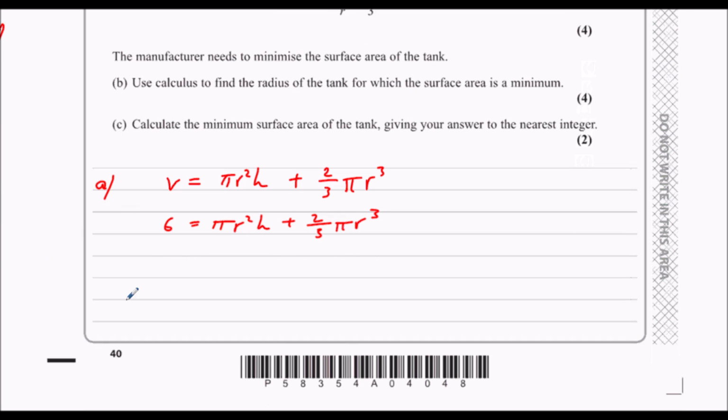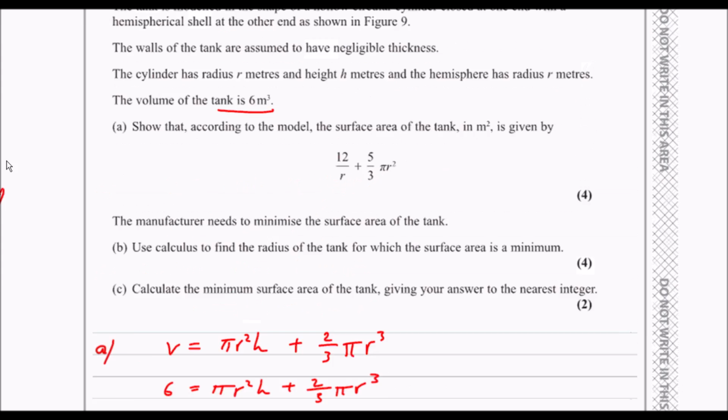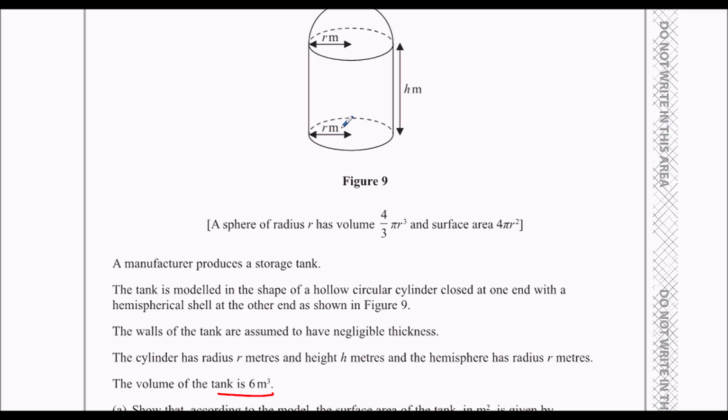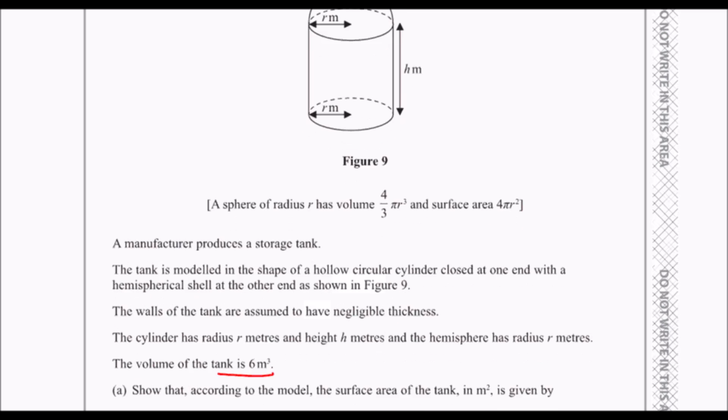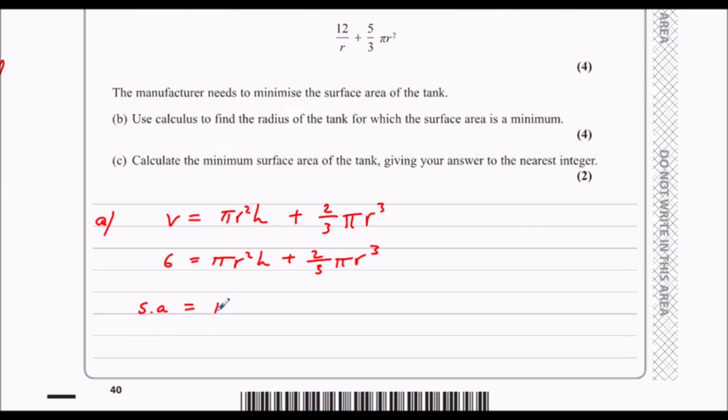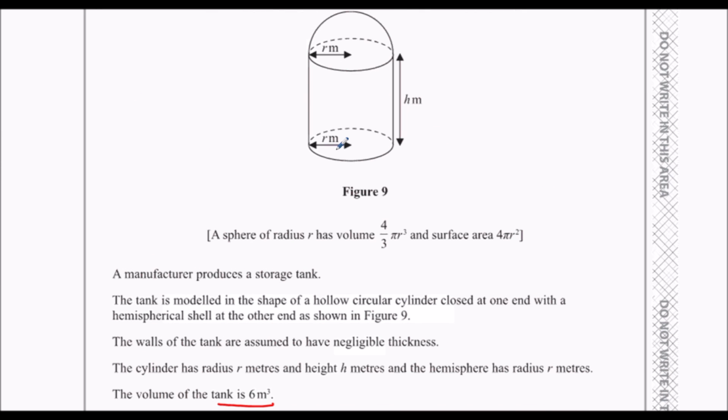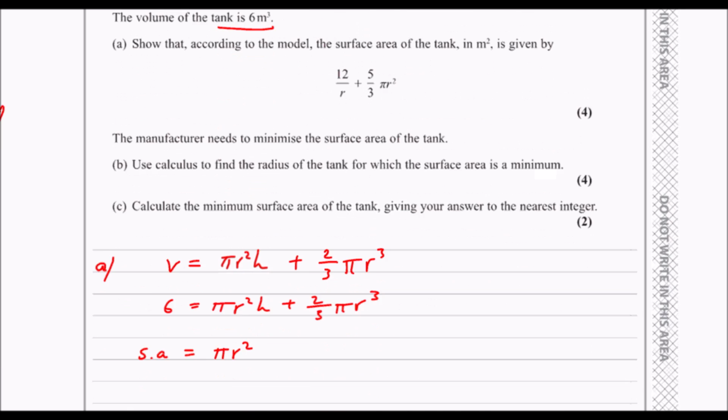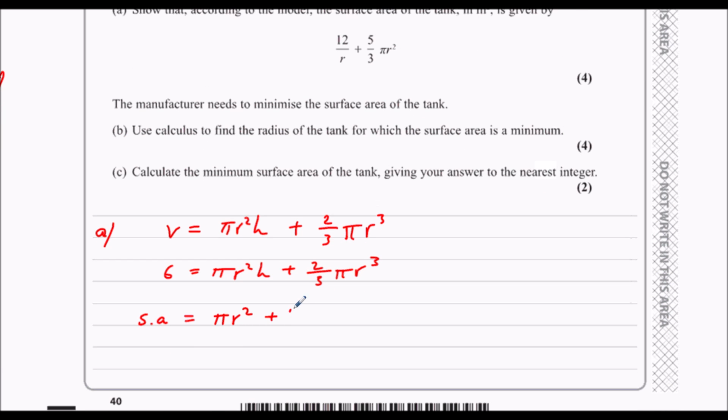Let's go for the surface area now. So the surface area is, so we've got one circle, so 1 pi r squared. We've got the curved part of the cylinder, which is 2 pi r times h. 2 pi r, so the circumference of the circle, times h.